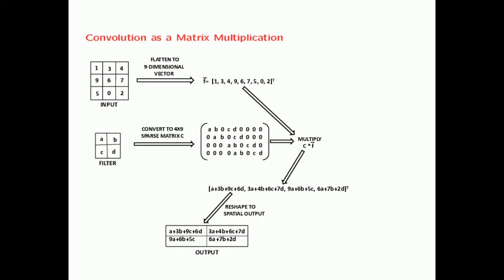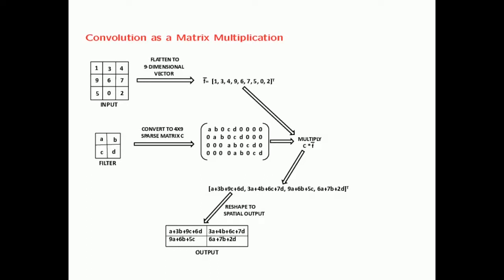The ordering will follow the same ordering that you used to define the rows of the matrix C. I'll leave you to verify that if you multiply this filter with this input, you will get the output shown at the bottom.